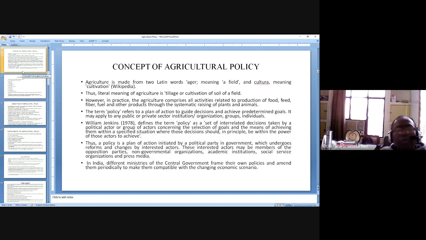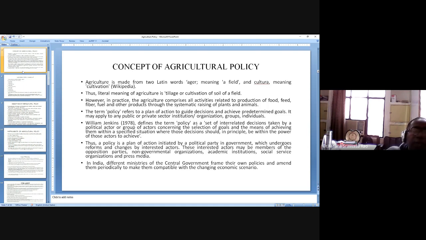Political actors and the bureaucrats, these two groups are in a position to frame any type of policy. Agriculture policy also has been formulated and initiated by these two groups, the politicians as well as the bureaucrats.